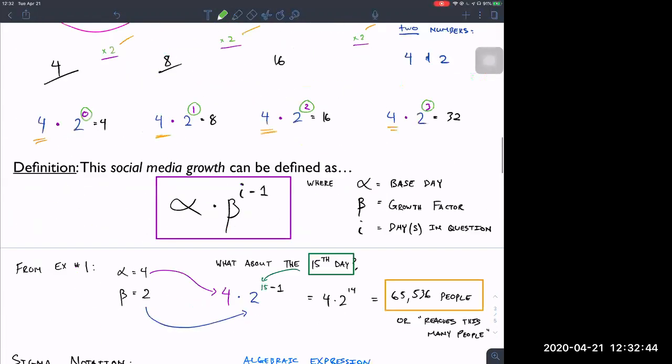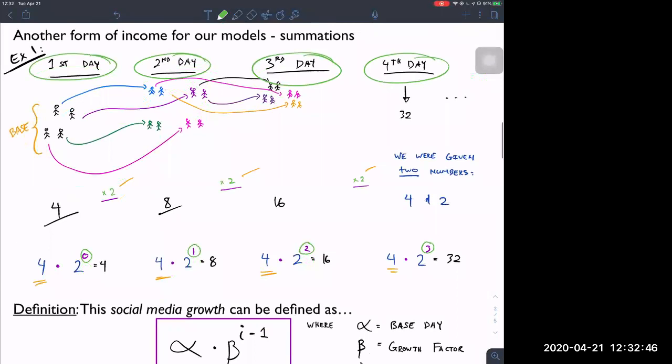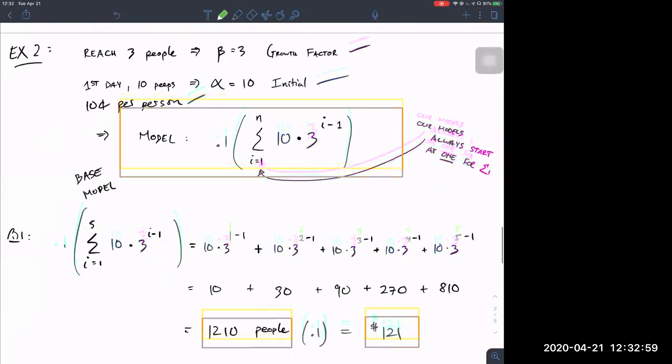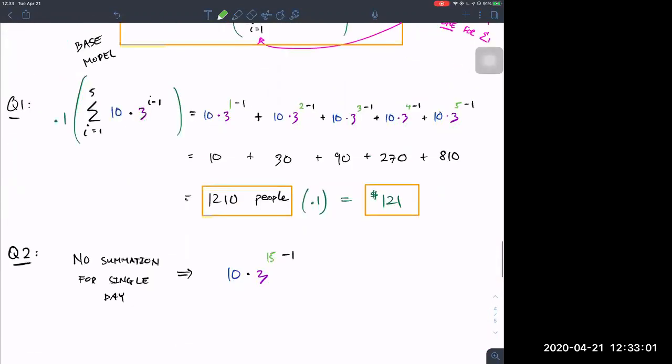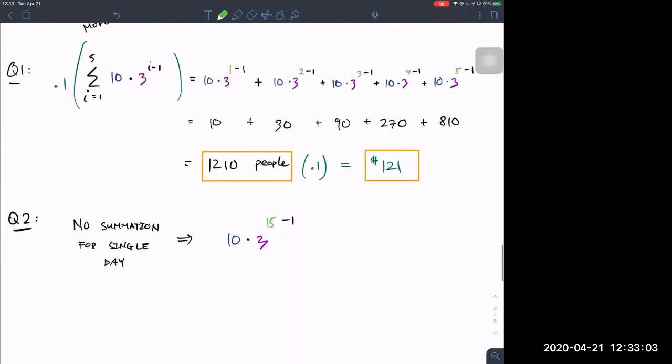Unlike at the very beginning, my visual example right here, notice how it was first day, but the exponent was 0. Second day, exponent was 1. Third day, exponent was 2, and so on. It was off by a day. This -1 in the power compensates for that.